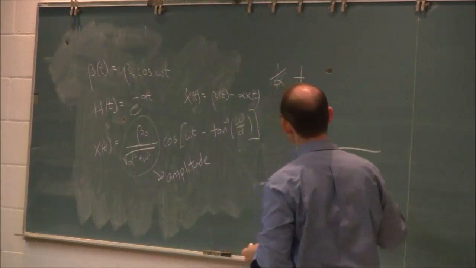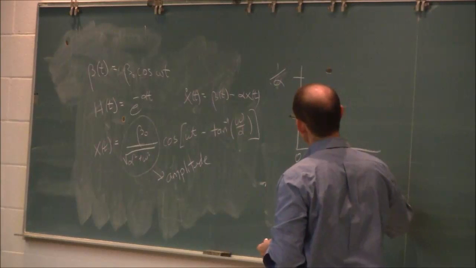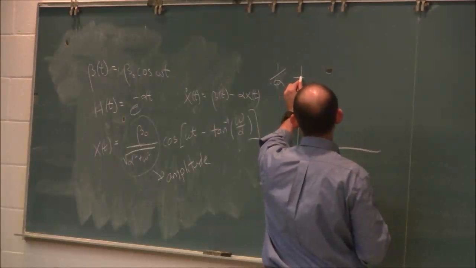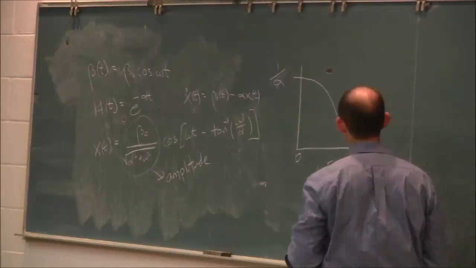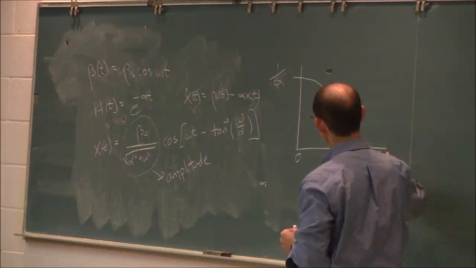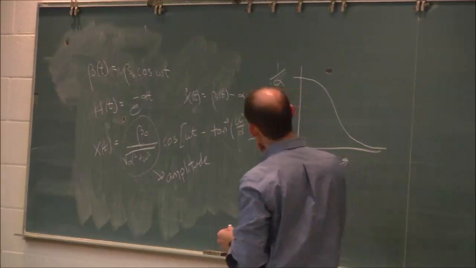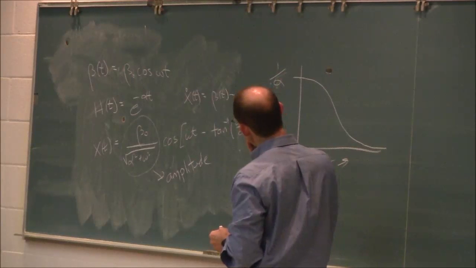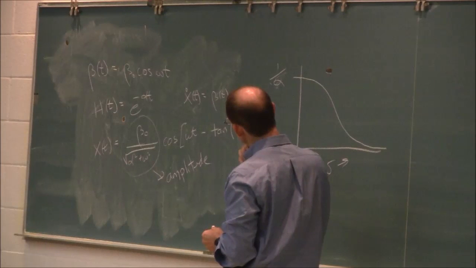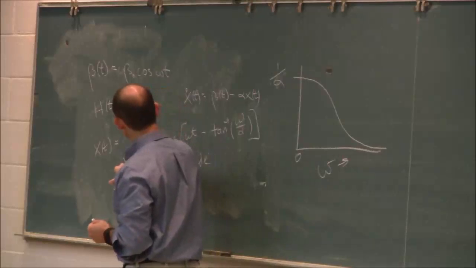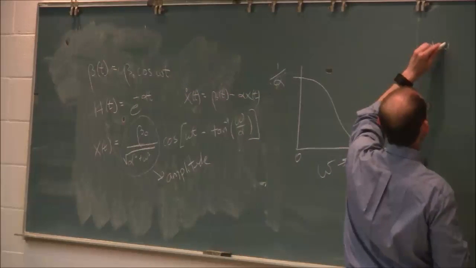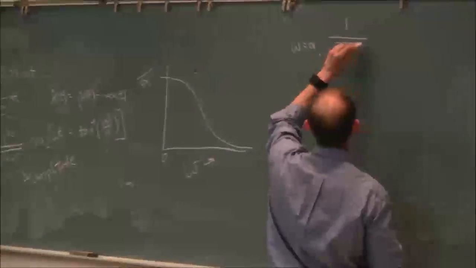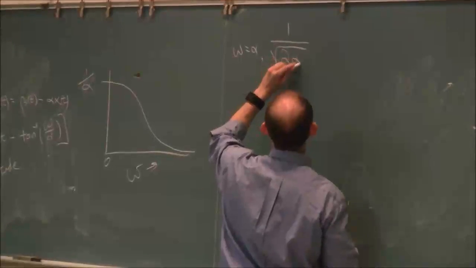And then as we increase omega, we would expect to see some sort of behavior like this. And when omega is exactly equal to alpha, we would get 1 over the square root of 2 alpha squared.